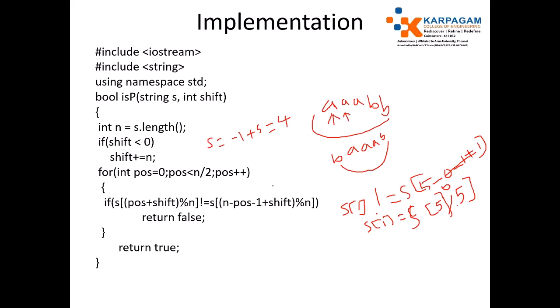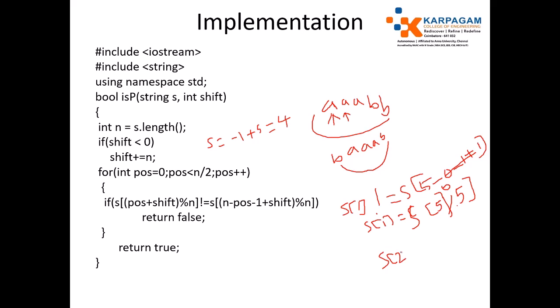After checking, S of 1 equal to A only, S of 0 also A. So both are same, so you continue with the next iteration. In the next iteration the position will be incremented, and the values will be like this.